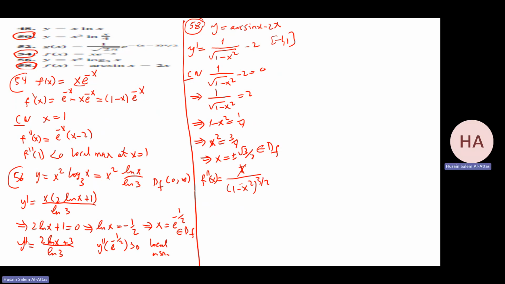Then you check f double prime at square root 3 over 2. That will be what? Positive. Here we have 1 minus 3 over 4, so it will be positive. I don't care about the number, so we have a local min. If we check f double prime at minus square root 3 over 2, that will be negative, because this will be negative. Still, the denominator is positive. So we have a local max. Yeah, okay. This is 58.